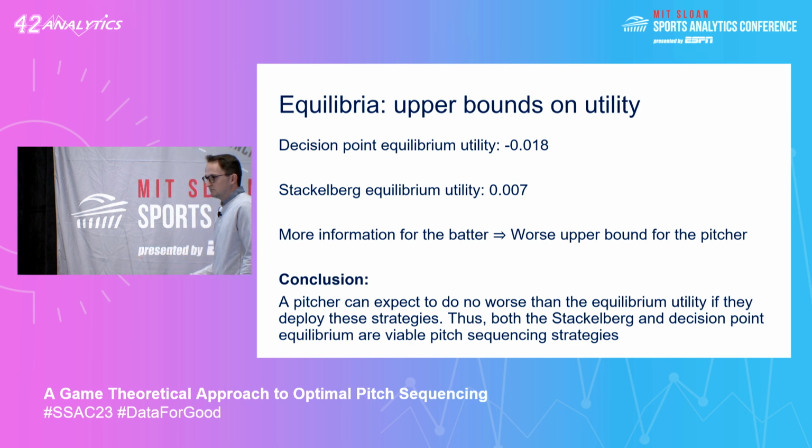But is that difference between negative 0.18 and 0.007 big? If the batter, like Bill was suggesting, got really good at moving that decision point forward, is it worth the effort? I just don't know whether those numbers change the outcome.